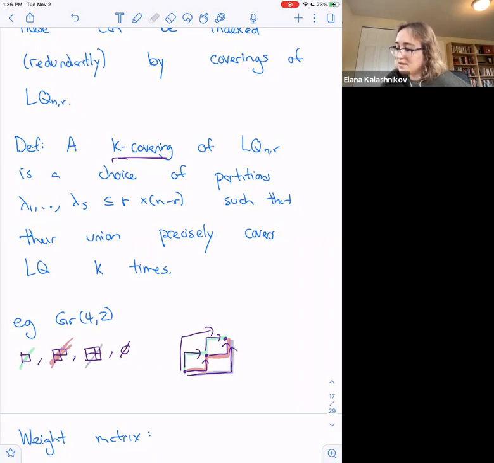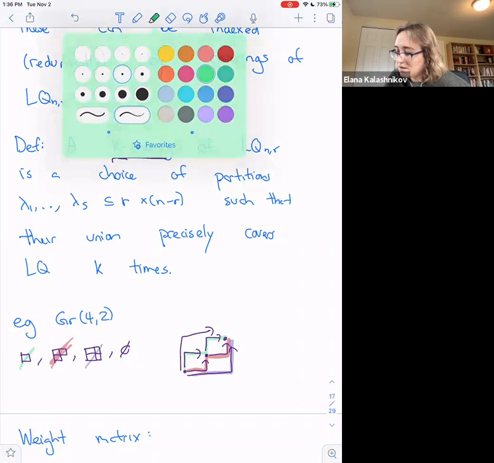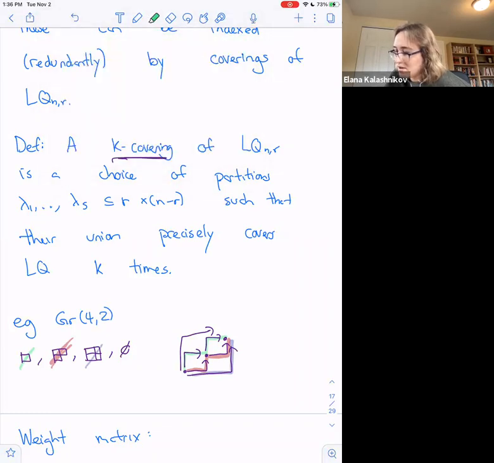And then finally, the empty set is going to give you this here. Oh no, I used the same color twice. You'll forgive me. So altogether, every single path, and this quiver is covered exactly once. So this is a 1 covering.